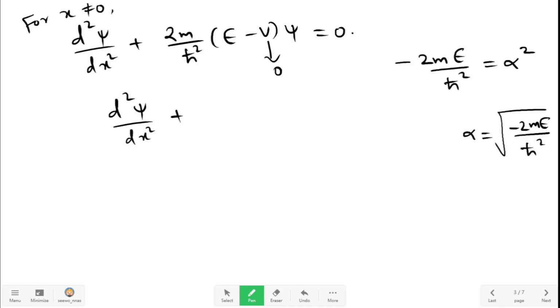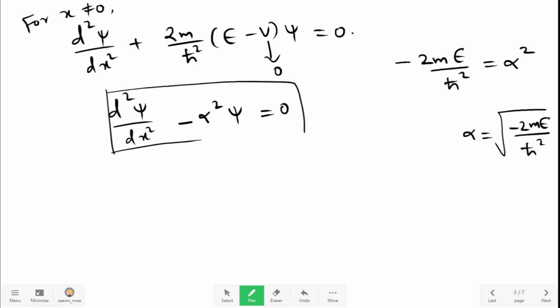Then the equation becomes d square psi upon dx square minus alpha squared psi is equal to 0. Now this is a very standard differential equation, and the solution of it is in the form c1 e raised to alpha x plus c2 e raised to minus alpha x. So this is the solution.